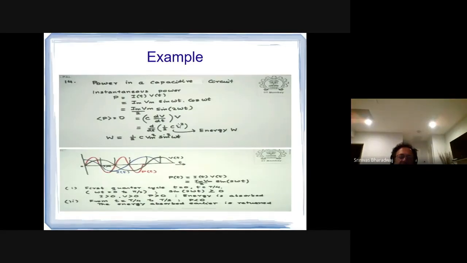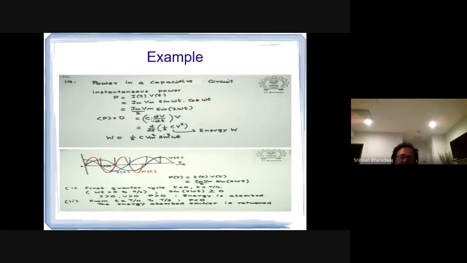Power in a capacitive circuit is C dV by dt times V. C dV by dt is I, so it is I times V, and you can rewrite it as half CV square, since V dV is half d of V square.